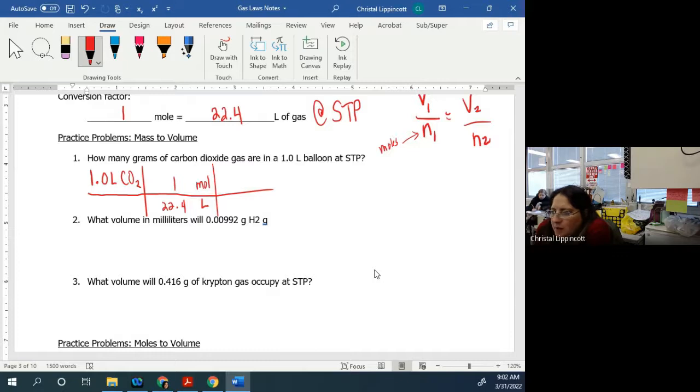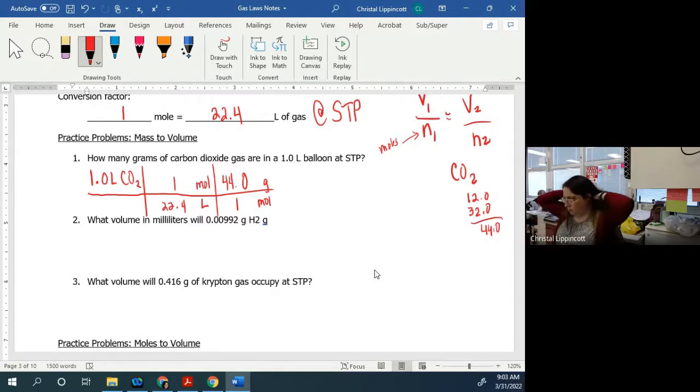Then we want to take our moles and go into grams. For every 1 mole, we have 44.0 grams. I got the 44 from carbon dioxide. Remember, carbon dioxide is CO2, so that's 12 for your carbon, 2 oxygens are 32. If you add that together, that's your 44, and that's your molar mass for CO2.